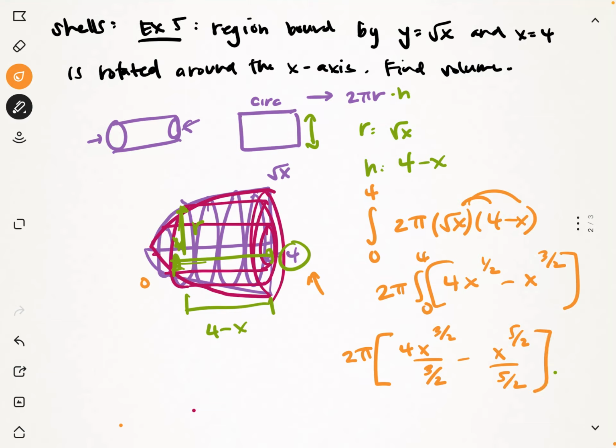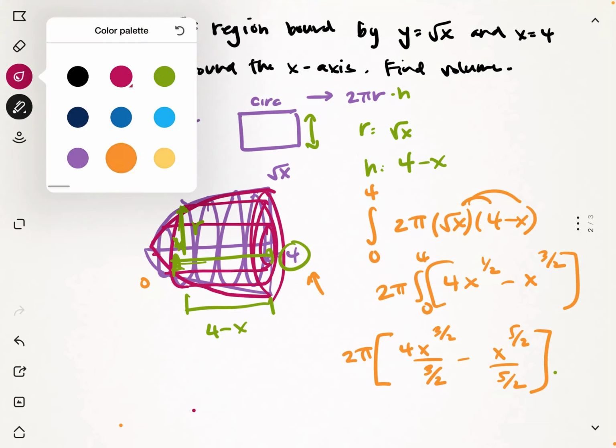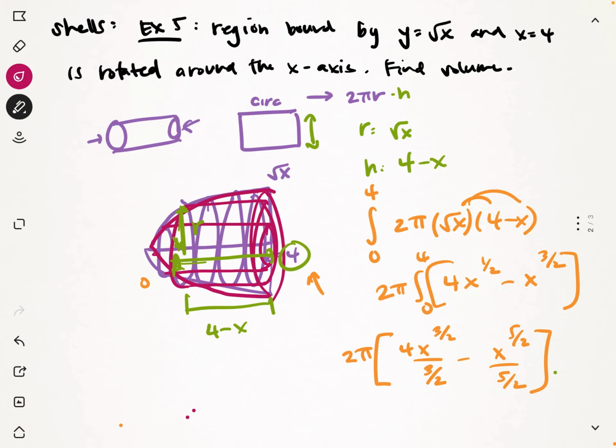Kind of running out of room here. Let's simplify that. So that's going to be 8/3, right? If we multiply by the reciprocal, it'd be 8/3 x to the 3/2 minus 2/5 x to the 5/2, and we're doing that from 0 to 4.